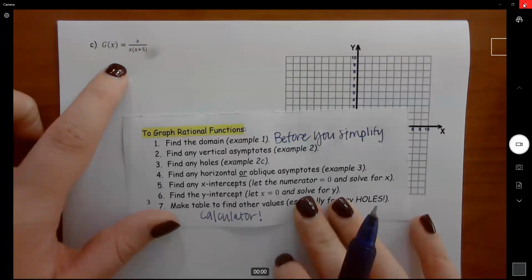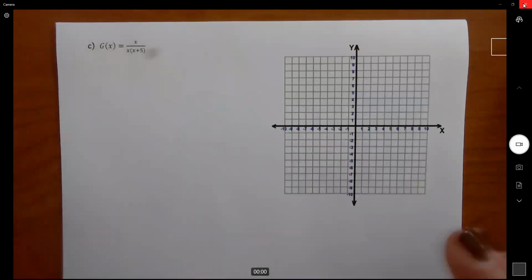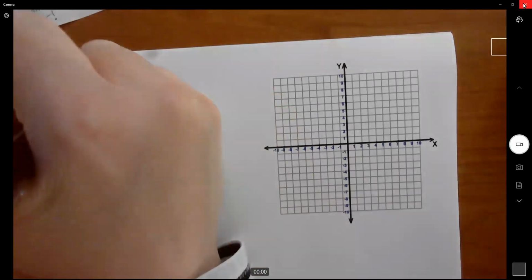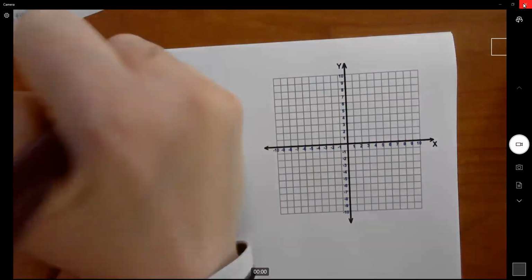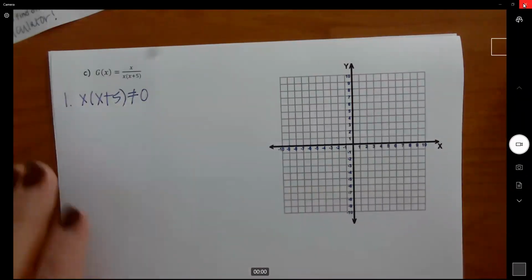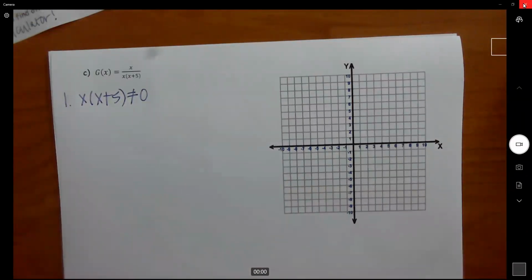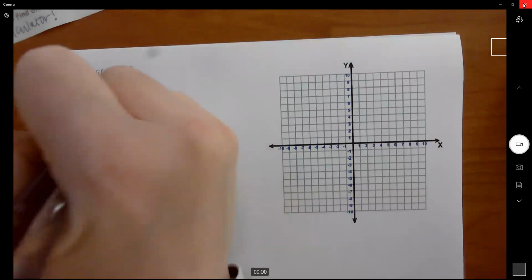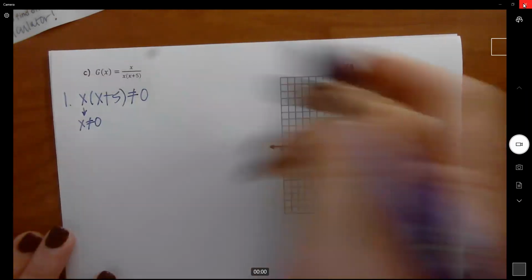So here, this is already in factored form. So before I simplify anything, I'm going to find my domain by setting the bottom, x times x plus 5, and saying that it cannot equal 0. Your first one right here is that x cannot equal 0.